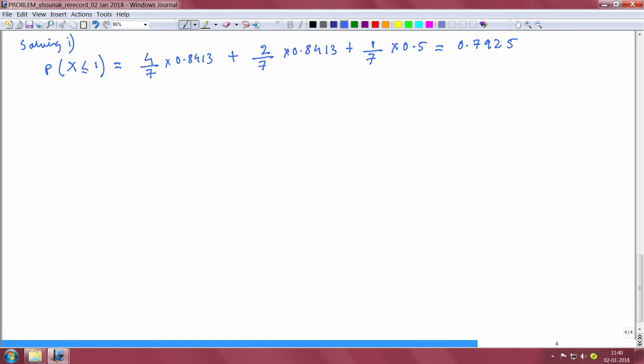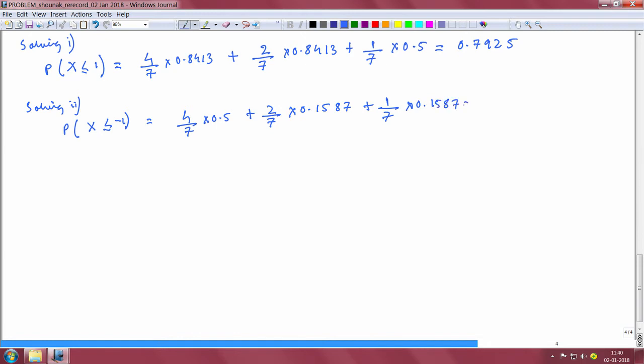Now, in order to solve for the next part, that is solving 2, in the same way we will first calculate this thing. Probability that x less than or equal to minus 1 is 4 by 7 into 0.5 plus 2 by 7 into 0.1587 plus 1 by 7 into 0.1587, which is equal to 0.3537, but we really need this, right.